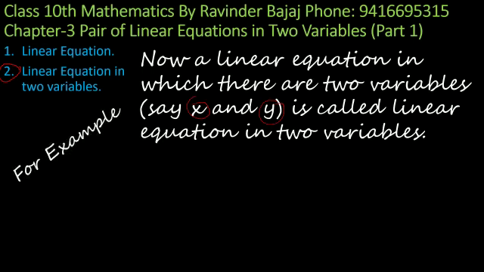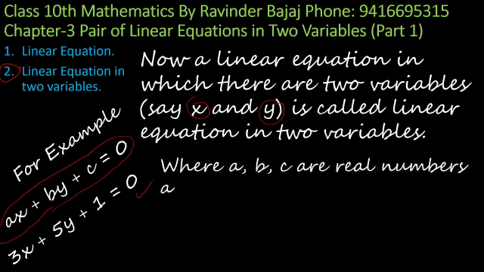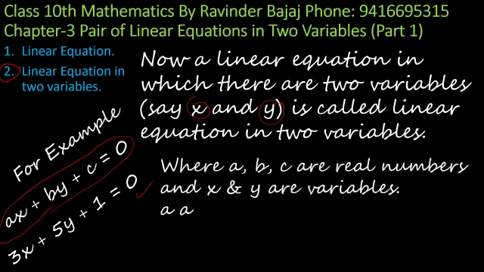For example, ax plus by plus c is equal to 0. This is the standard form of the linear equation in two variables. One more example I am giving you: 3x plus 5y plus 1 is equal to 0. This is another example, where a, b, c are real numbers and x, y are variables.